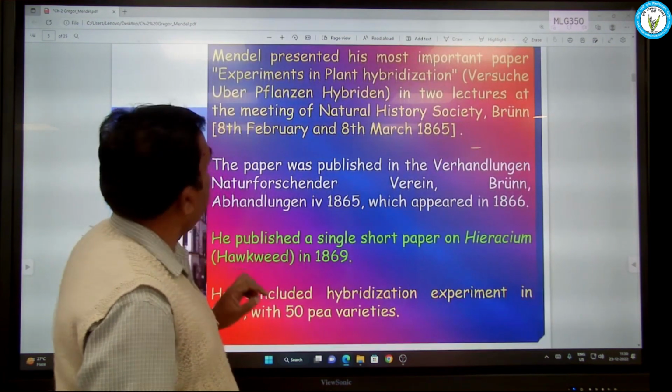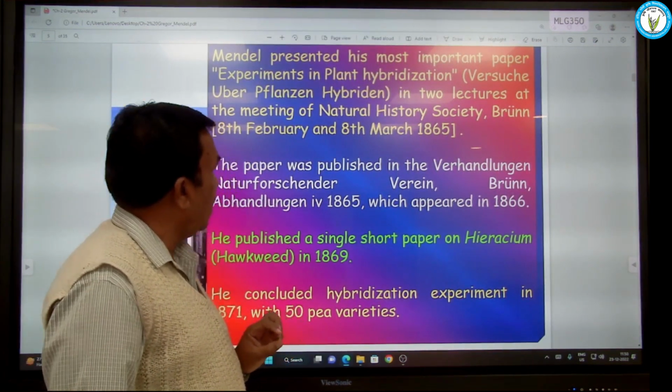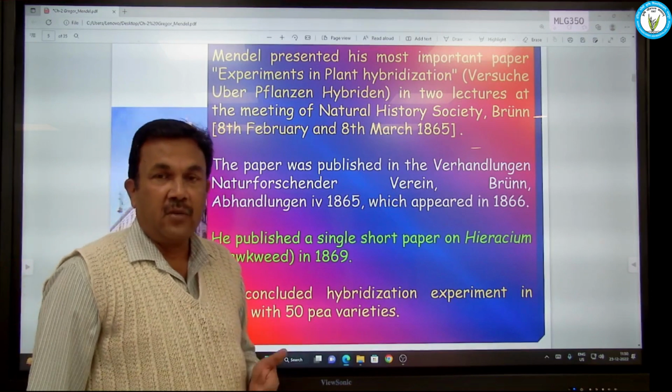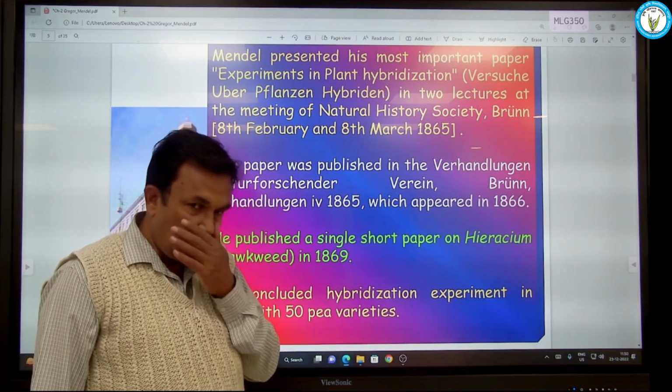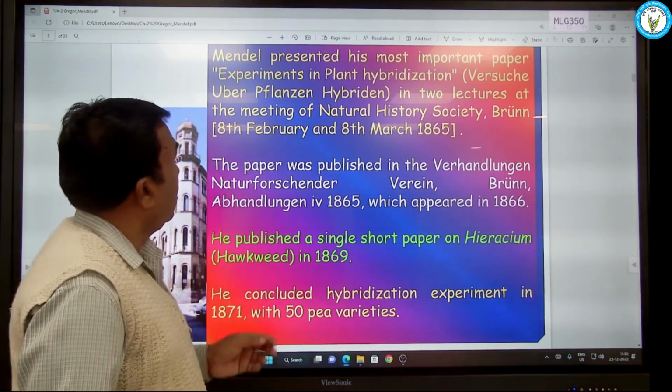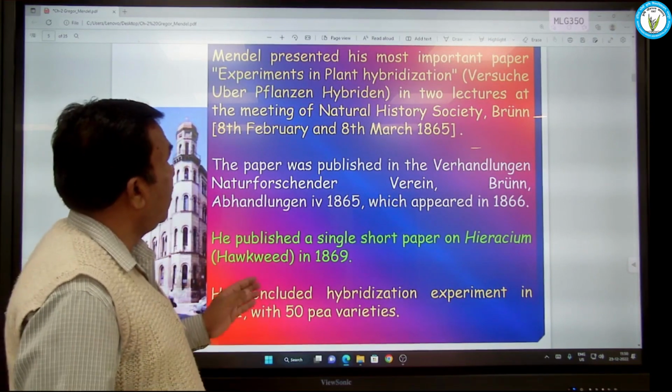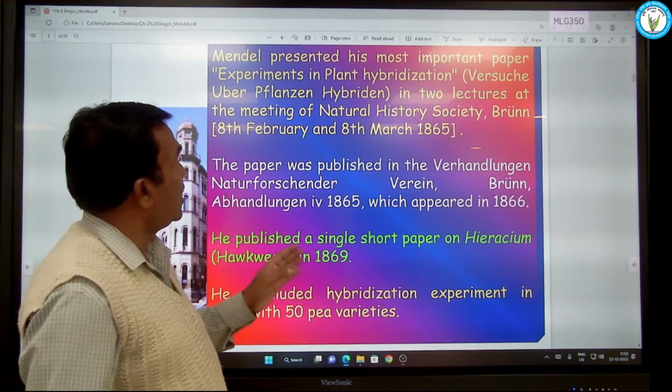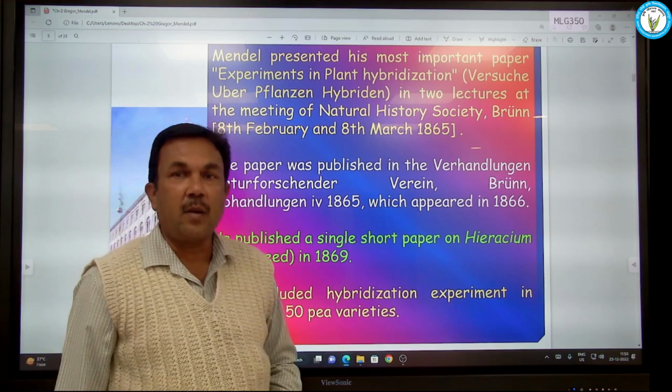This is also important: what is the name of his classical paper? Just note this down. His first paper, which he presented in 1865, was Experiments in Plant Hybridization.